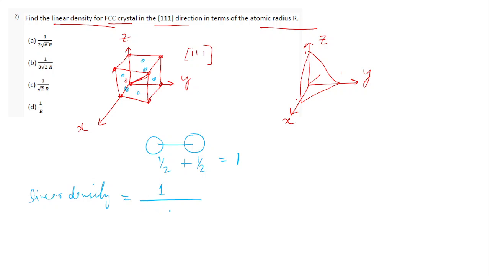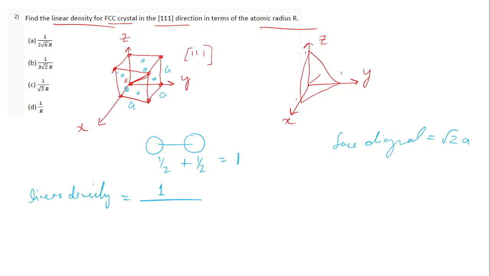And what is the length now? If you recall, we saw that the face diagonal is root 2 times a, the side length, because it is cubic, so everything is a.